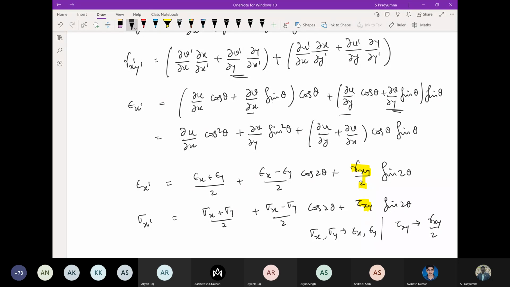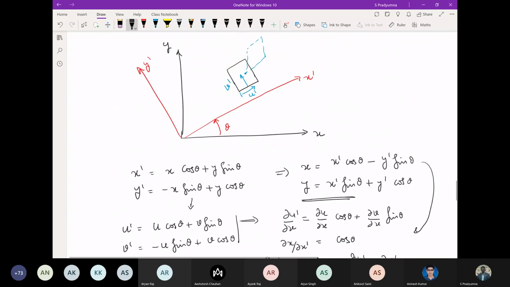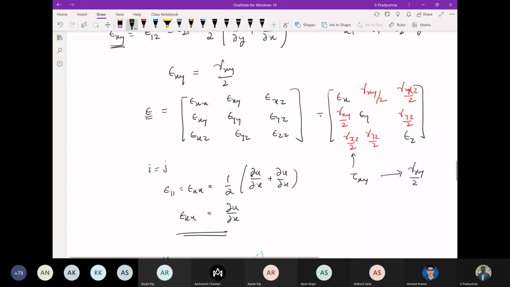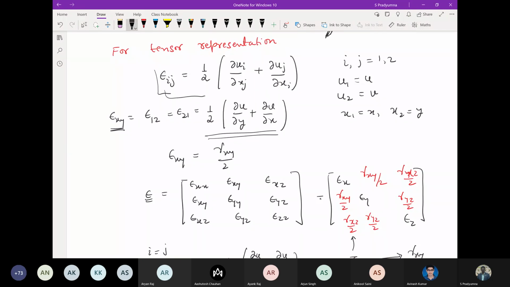I'm comparing the stress transformation rule to the strain transformation rule. So that means this is what we call the tensorial representation of the shear strain. Instead of writing tau xy as the tensorial component of stress there, here it will be gamma xy by 2. Therefore, we write epsilon 12 or epsilon xy is equal to gamma xy by 2.